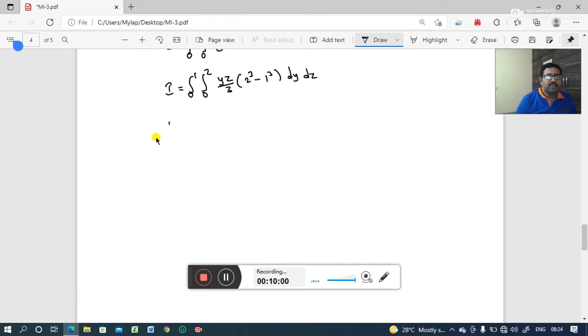I is equal to integral 0 to 1, integral 0 to 2, yz by 3, 2 cube is 8 minus 1 cube is 1, into dy into dz. Therefore, I is equal to integral 0 to 1, integral 0 to 2, 8 minus 1 gives 7. You can write it as 7yz divided by 3 into dy into dz.